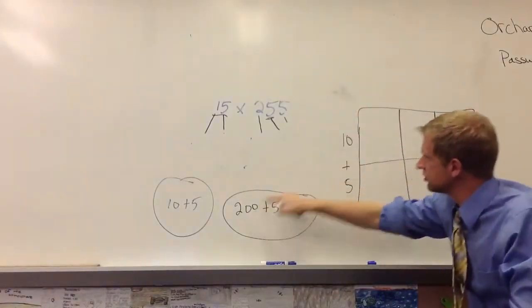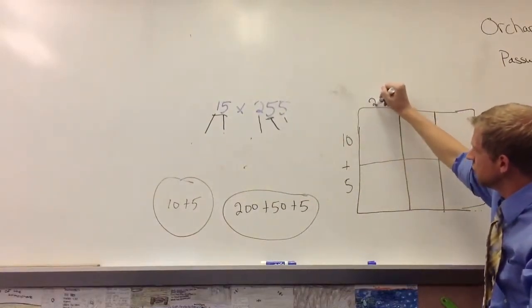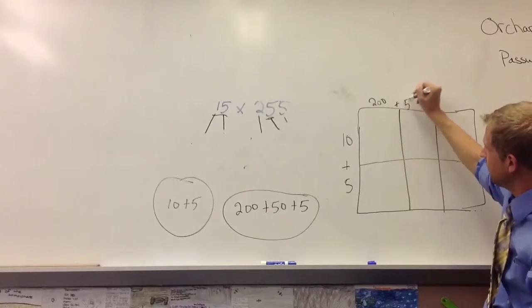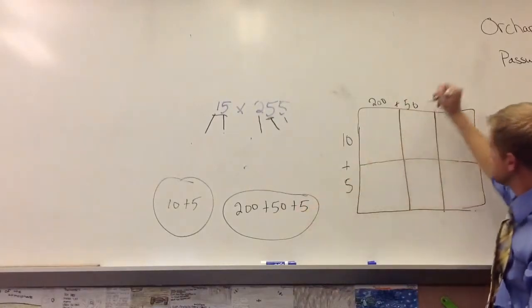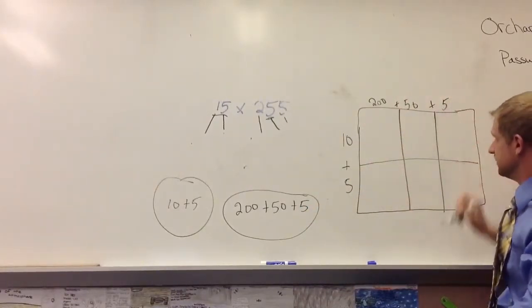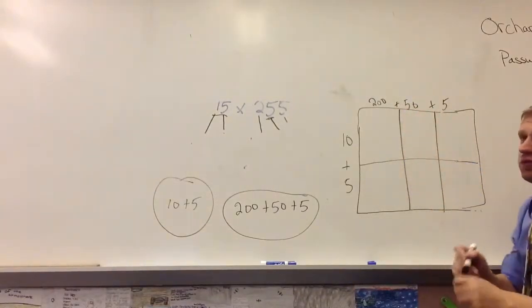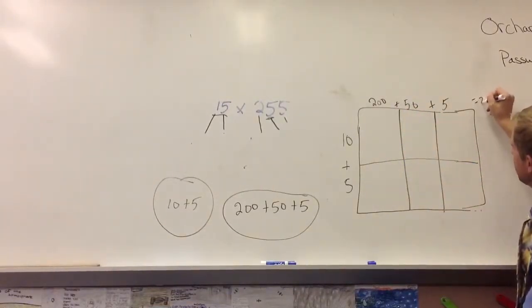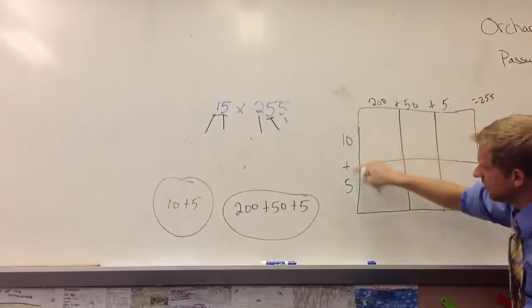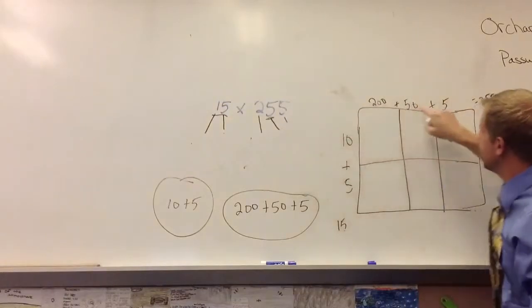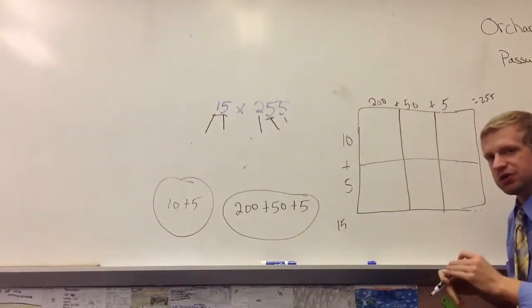The first number written at the top is 200, then plus 50, then plus 5. And if we add that together, it gives us 255. And if we add 10 plus 5, it gives us 15. So we're on the right track because we have 15 times 255.